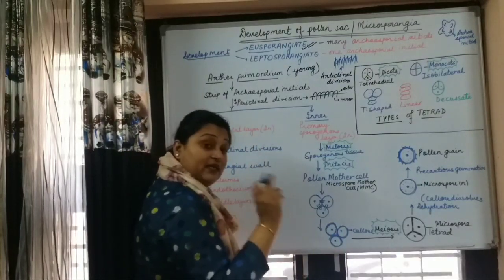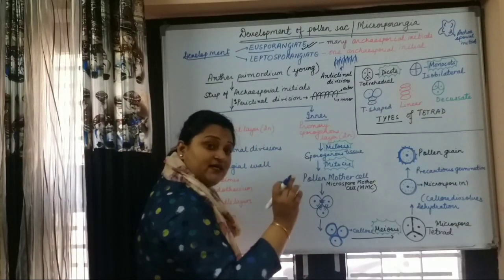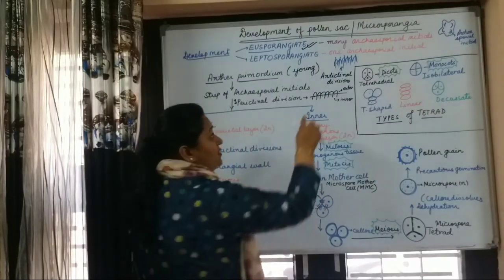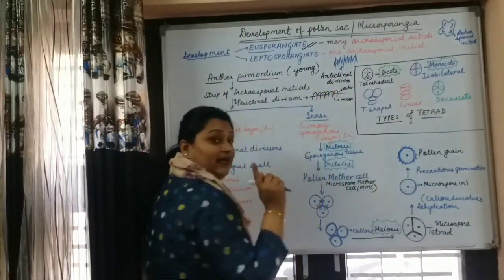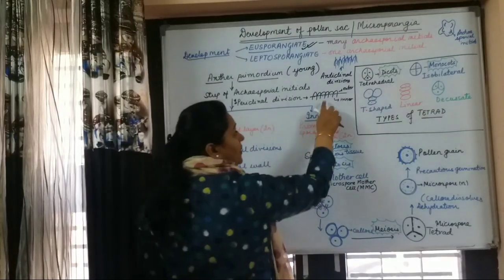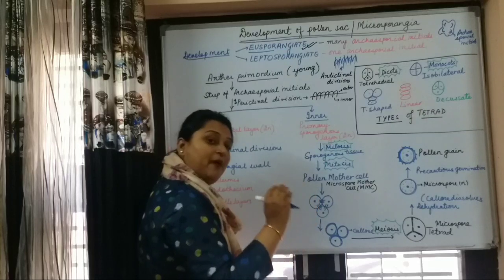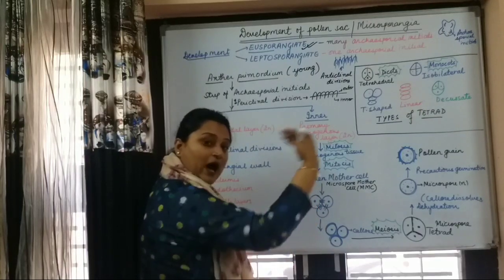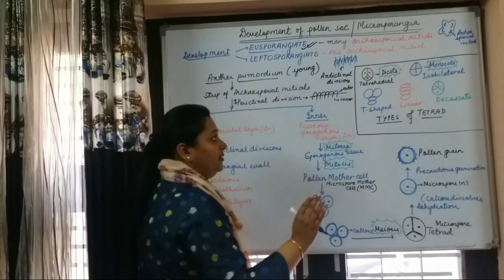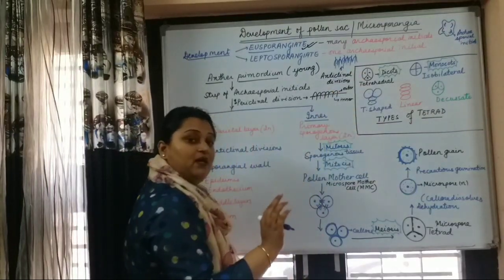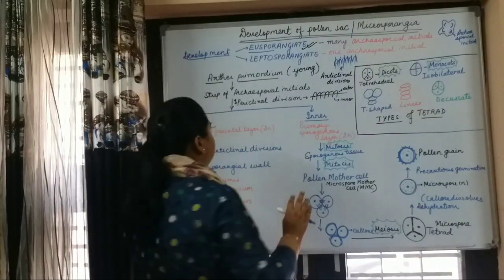That means the number of cells in a row increases. This is called anticlinal division, and periclinal means the number of cells remains the same, but we get two layers, the outer layer and the inner layer. Both divisions are simple mitotic divisions.